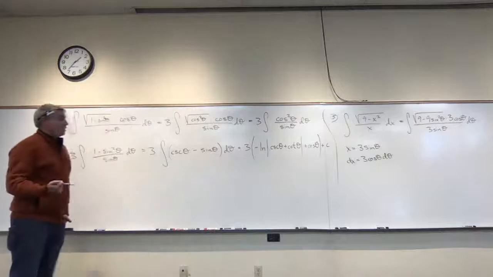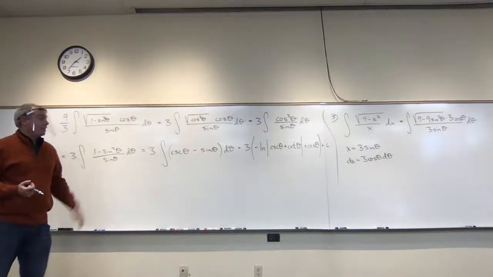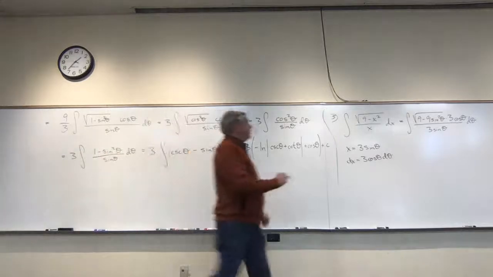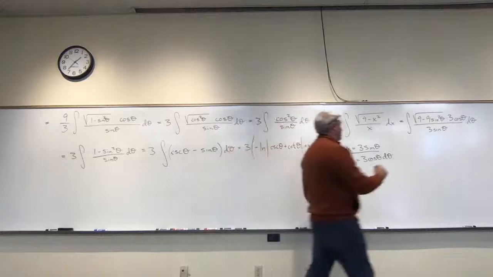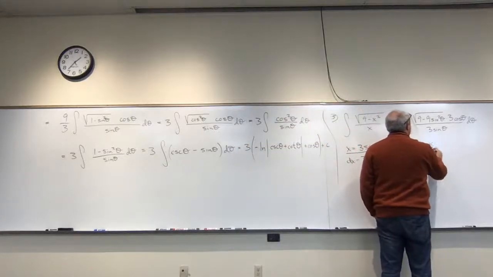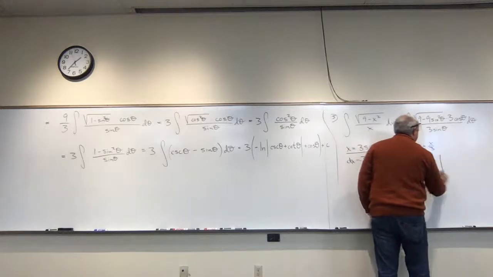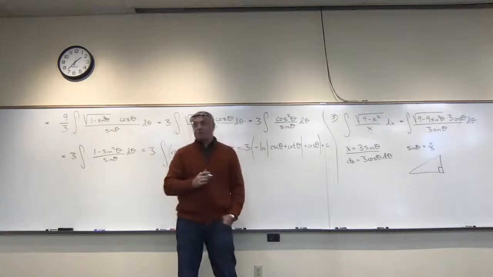Okay, and now we just need to use the reference triangle to get it back to x's again. What did I start with? I started with x is equal to 3 sine of theta. That means that sine of theta is equal to x divided by 3. Draw our triangle. Sine is the opposite over the hypotenuse.